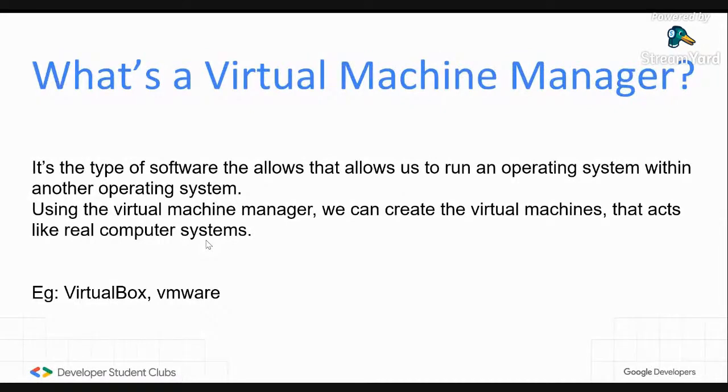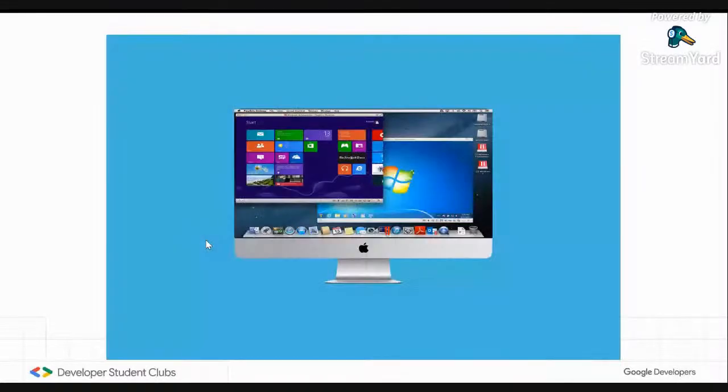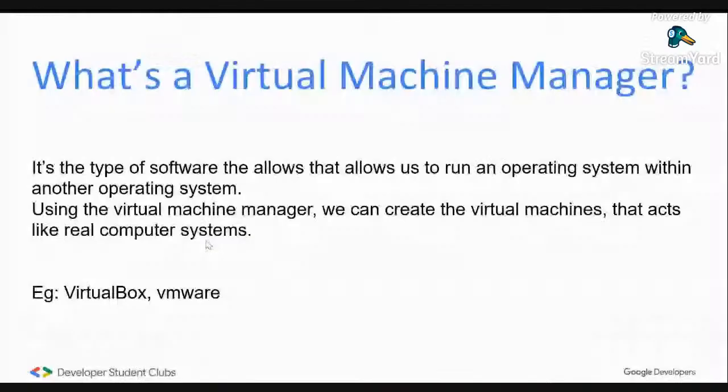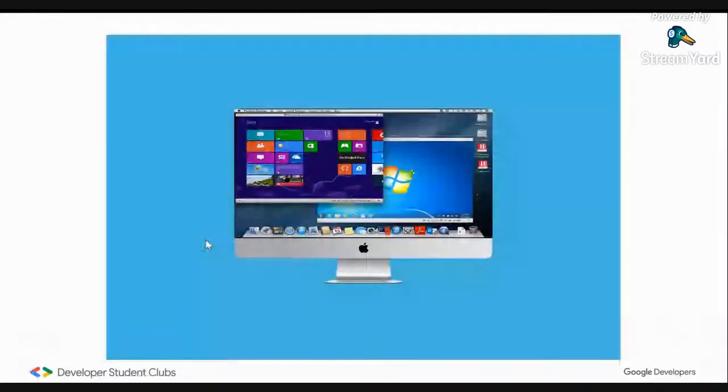Now let me describe what a virtual machine is. I have included a picture of a Mac. When we take a look, we can understand that the base operating system here is Mac OS 10, the base operating system in which the system works. After installing the virtual machine manager, we installed two virtual machines.